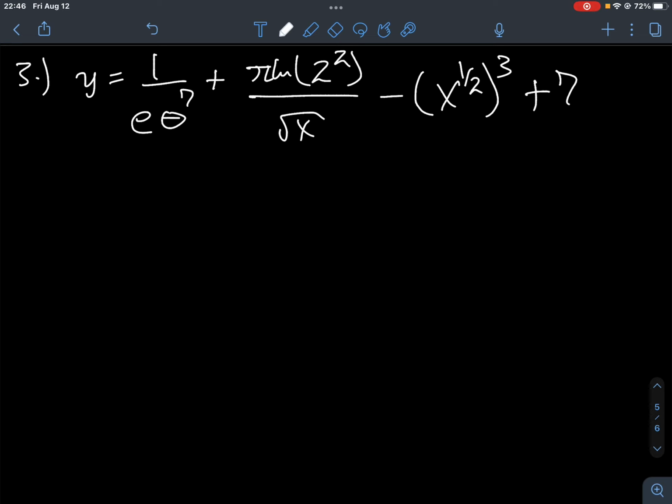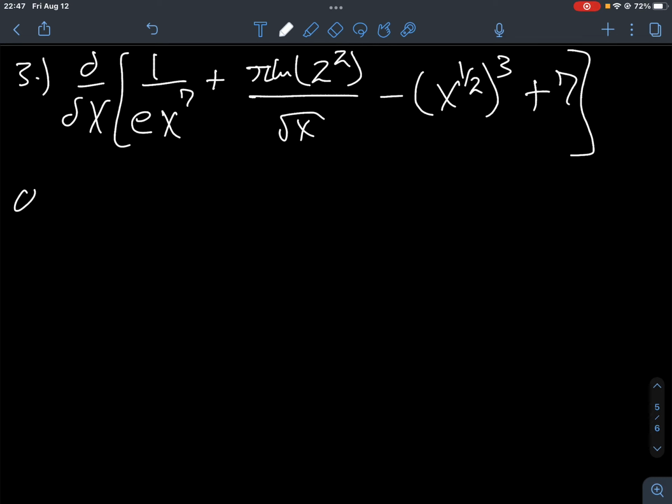Okay? So what if we want to find the derivative of that? So let's find the derivative with respect to theta of this. Oh, I'm sorry, that should be x. How do we go about doing that?